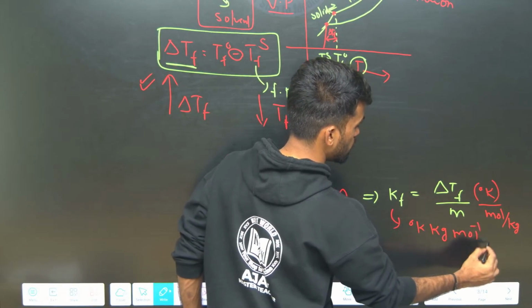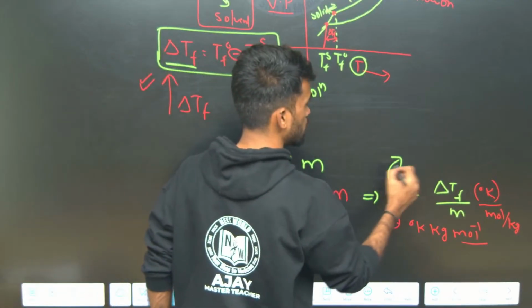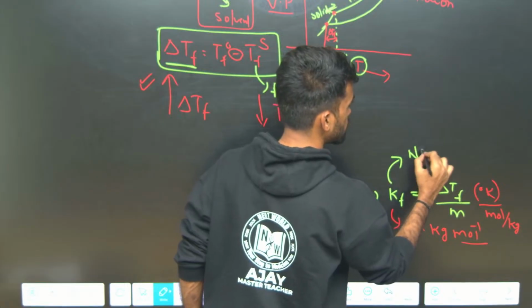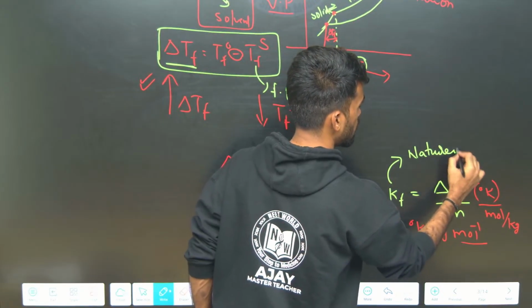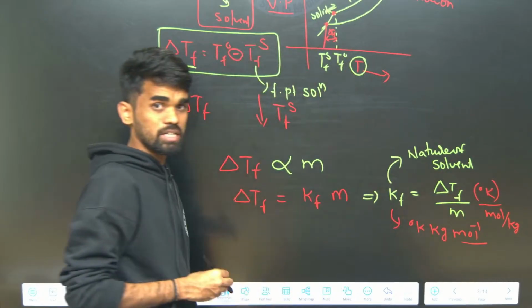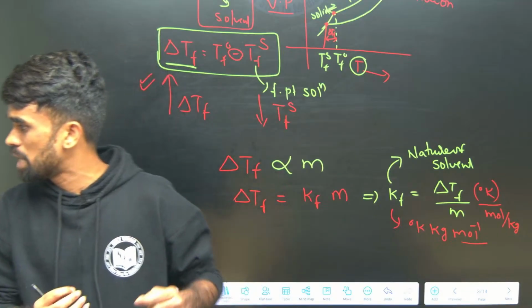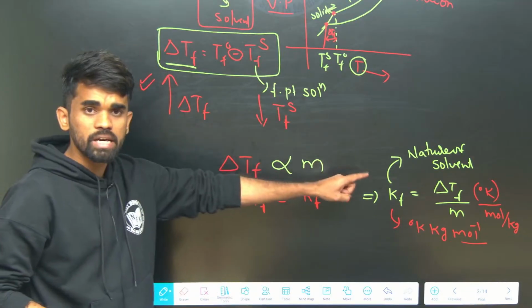Now the value of Kf depends only on the nature of the solvent. Already we discussed the same story for Kb, in the case of elevation in boiling point. The same points are applicable here also. Hope up to here it is clear.